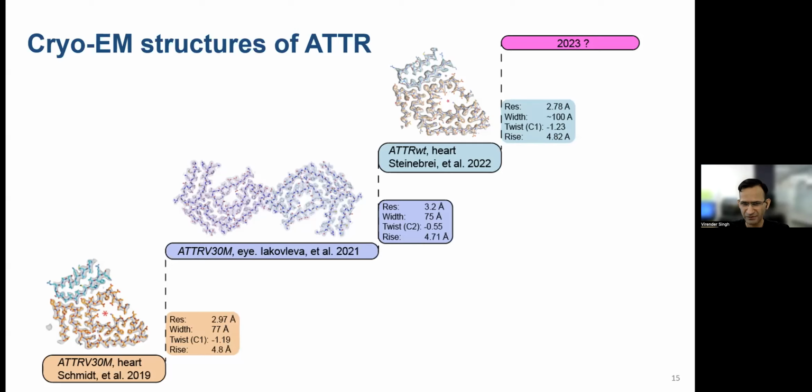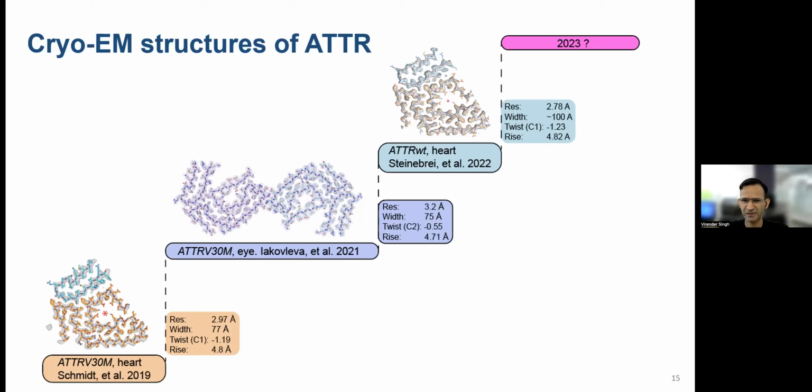By the time we were working on solving structures, there was another structure with again the same V30M mutation. The organ of TTR production is different in these two cases. Here it is produced by the liver and deposited in the heart. Here it is produced by retinal cells, and the amyloid is deposited in the vitreous humor.